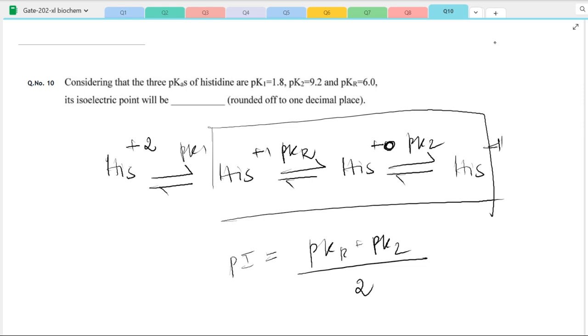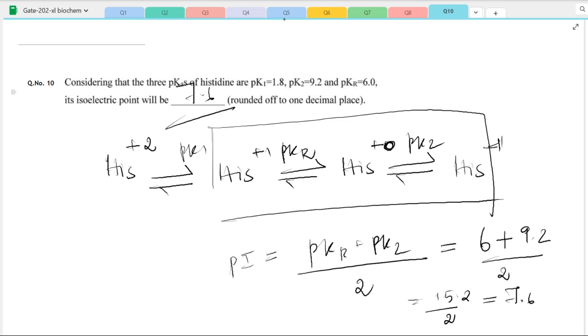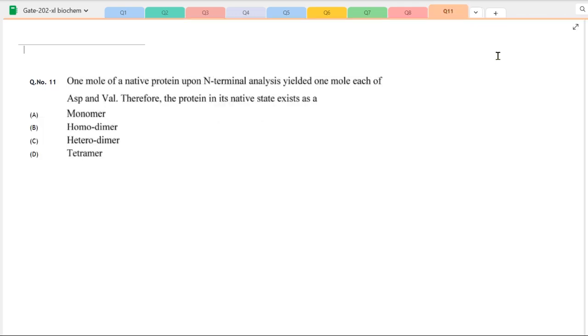Substituting the values, you get 6 plus 9.2 divided by 2, which is 15.2 divided by 2, and the correct answer here is 7.6. This is a very simple question if you know how isoelectric points are calculated for basic and acidic amino acids. It is very important to know which pKs to take. Moving on to the next question.